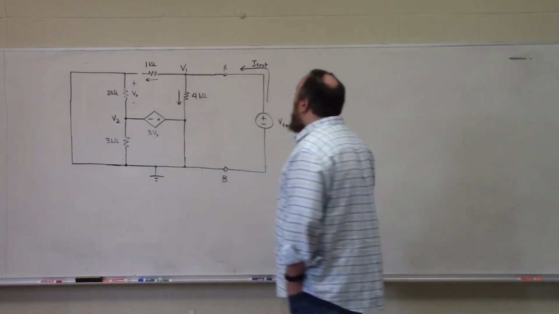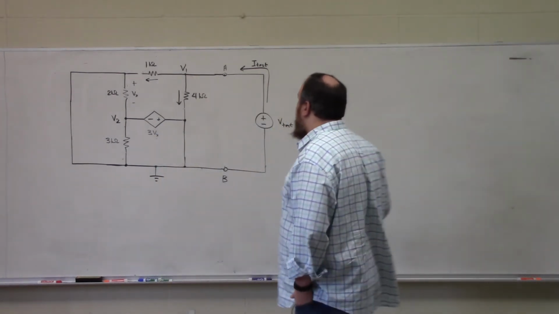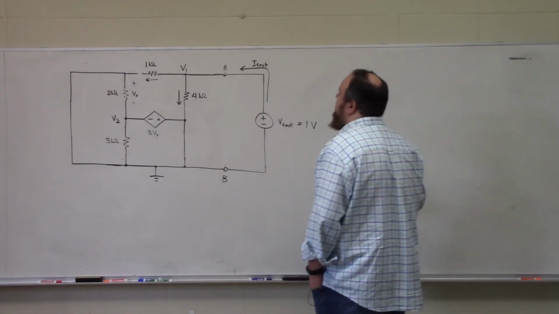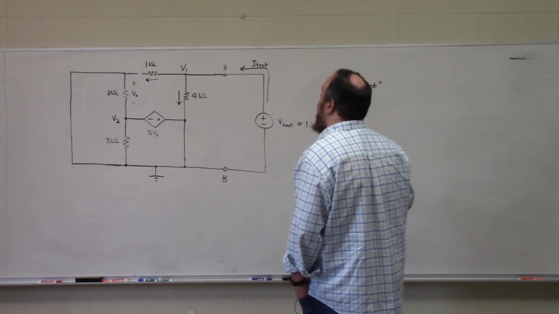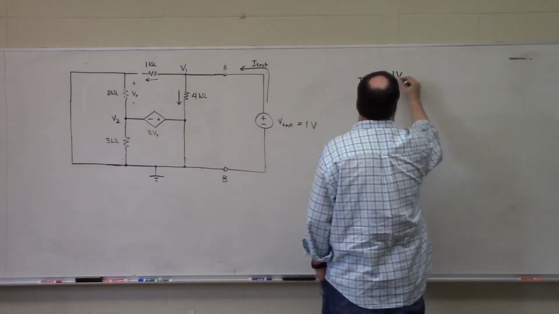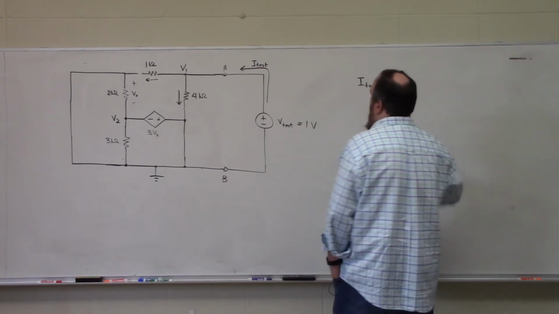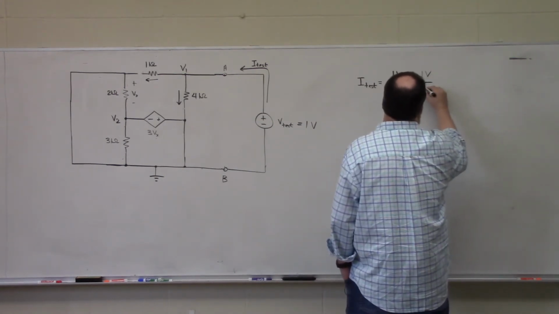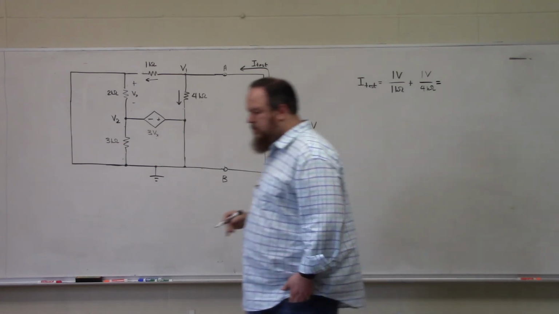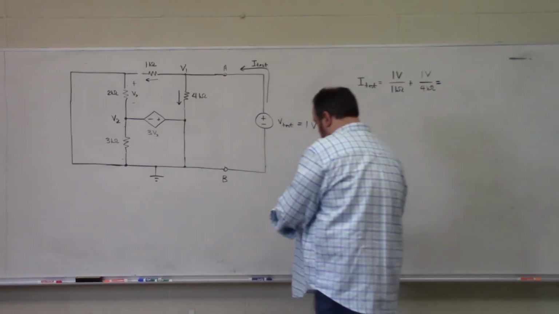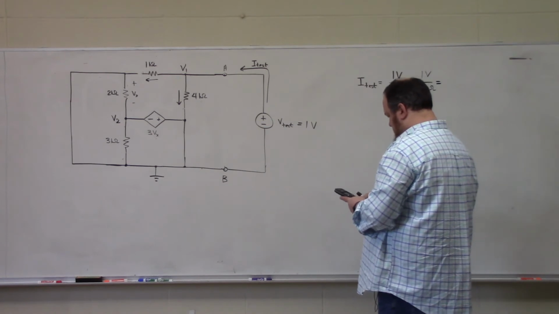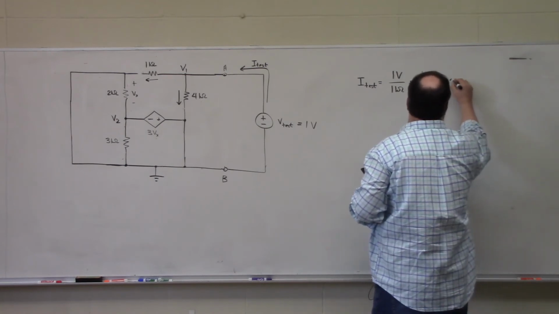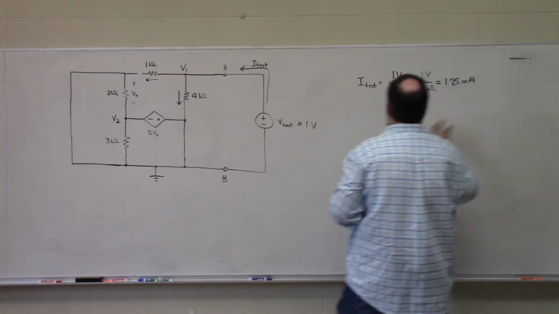And so, applying Kirchhoff's current law at this node 1, I find that I test is equal to 1 volt divided by 1 kilo ohm plus 1 volt divided by 4 kilo ohms, so that's 1 over 1,000 plus 1 over 4,000, which is 1.25 milliamps.